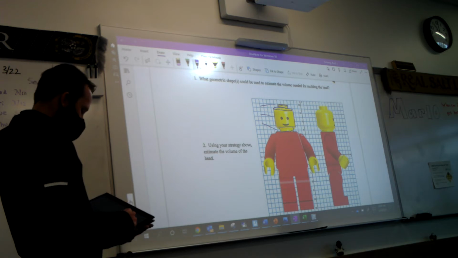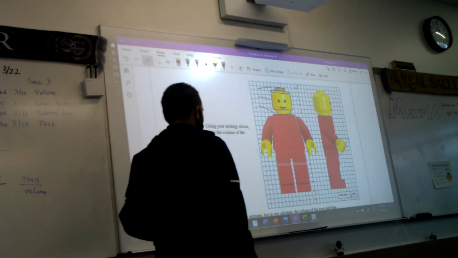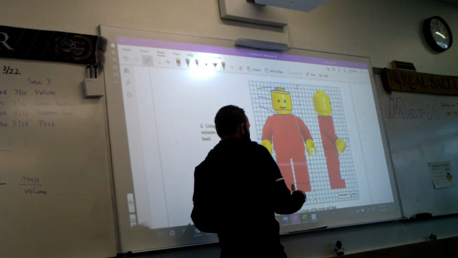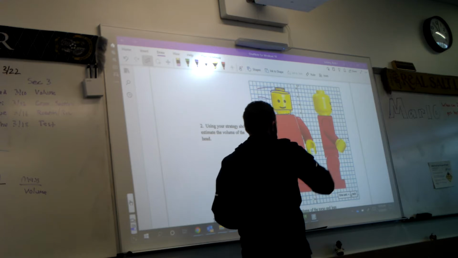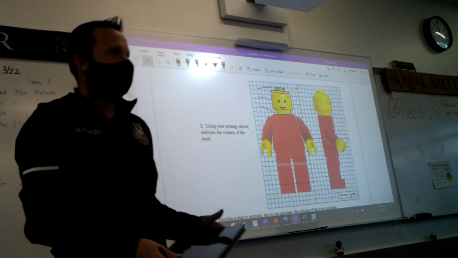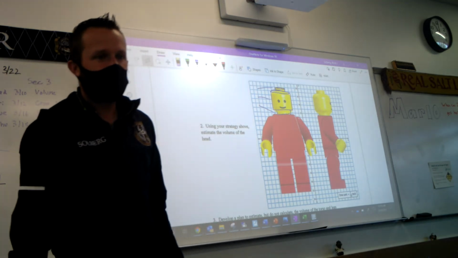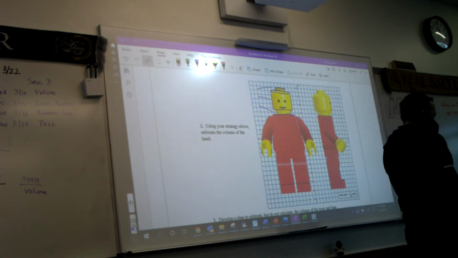I'm going to give you 2 minutes, and you're going to come up with the rest of the body here. What 3-dimensional shape could be used for the legs? What about the torso? What about the arms? What about the hands? Use your drawing skills and see which shapes would be good matches here. Just give you a couple minutes here and do some fun artwork.